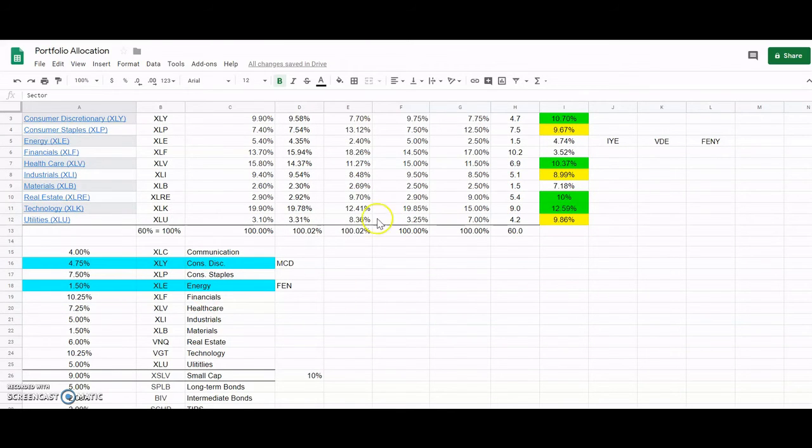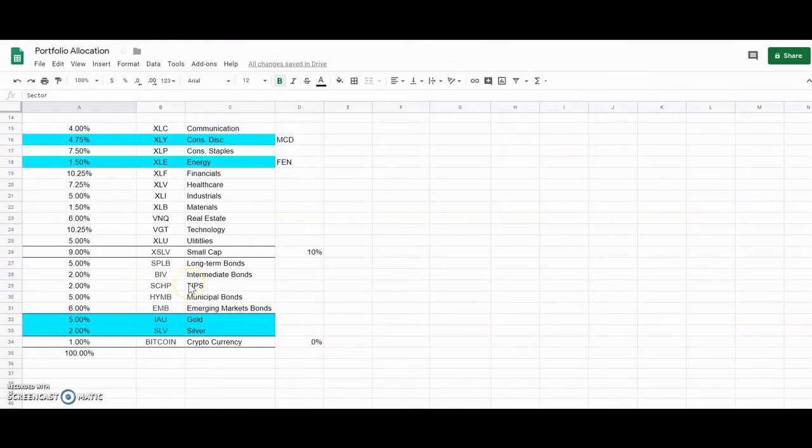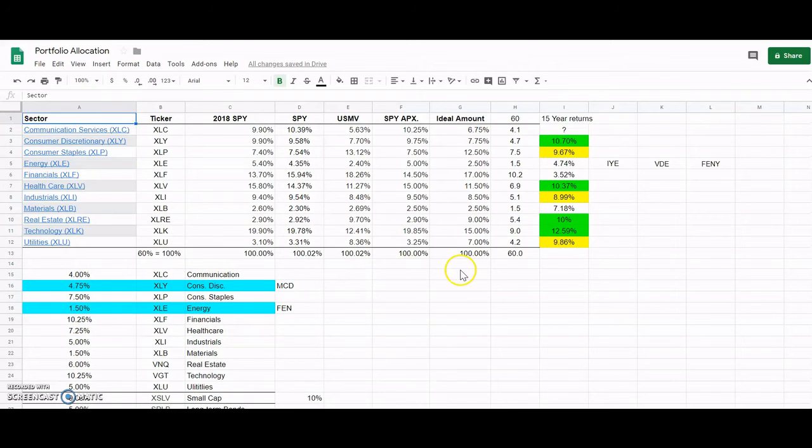And so then I multiplied the ideal allocation based on a 60% allocation of these into the total portfolio. I know I'm talking really fast. If it doesn't make sense, just watch it. You probably want to watch this video a couple times. But assuming that 60% of my total portfolio is allocated to large cap stocks, that's how I got these numbers.